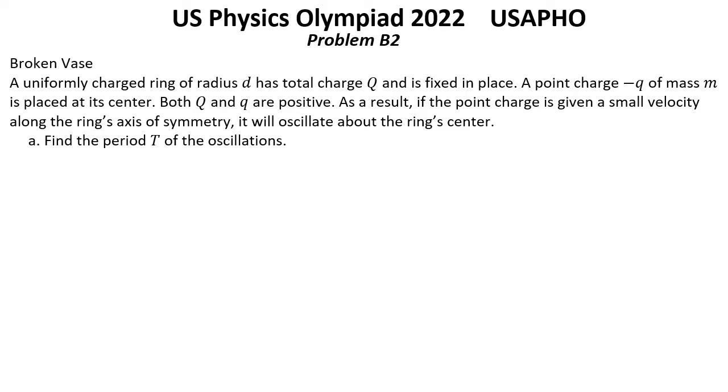Solution for question A. Find the period T of the oscillations. Solution. Suppose the charge is displaced by a small distance delta x in a horizontal direction. Electric field from total charge Q at distance d multiplied by sine of the small angle theta, which is approximately delta x over d. That will be this expression, proportional to dx. In that case, the restoring force will be this one.